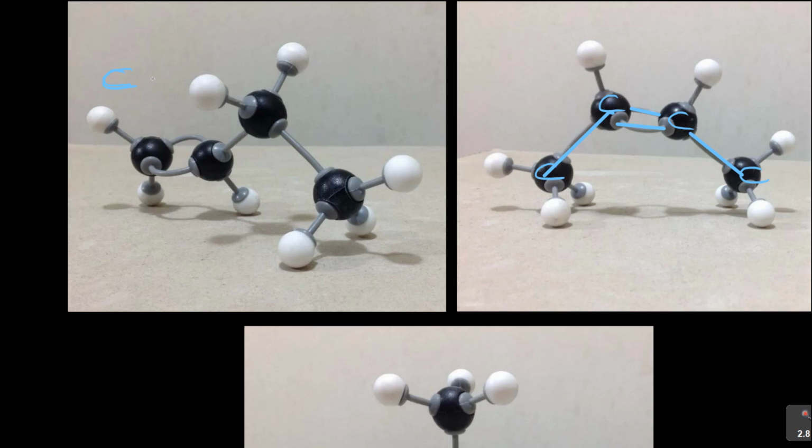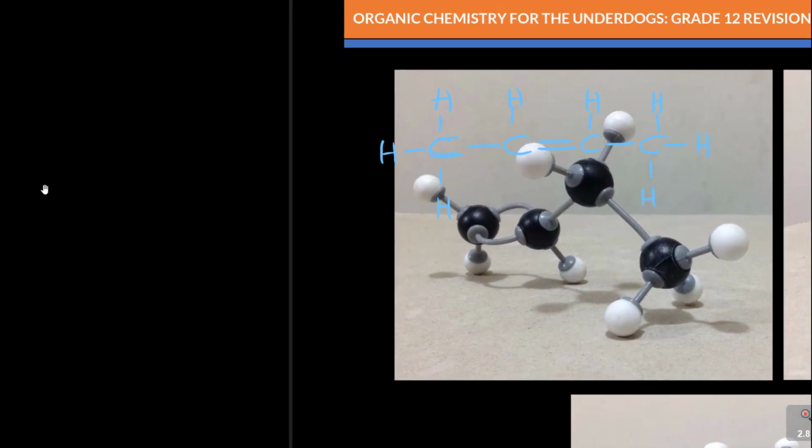So it's carbon, then carbon, double bond, carbon, and then carbon. The first one has 3 hydrogens, and the second one has only 1 hydrogen. Remember, the nature of carbon can take a minimum of 4 and a maximum of 4, and the last one has 3 hydrogens.